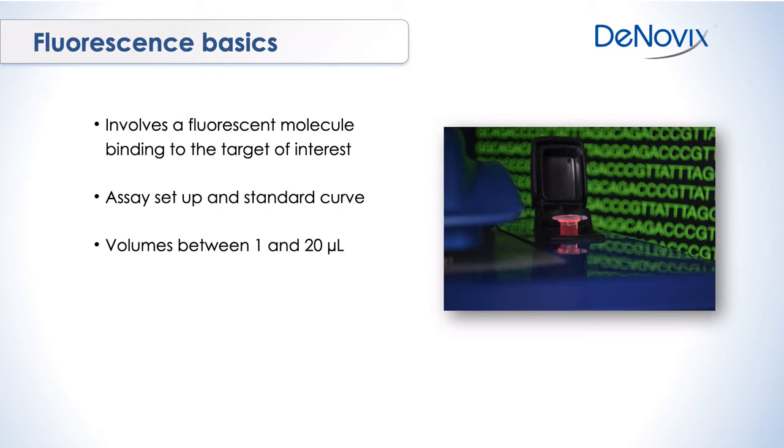In this field with fluorescence quantification, it generally is between 1 and 20 microliters of sample, and usually around 200 microliters total assay volume. And that assay takes place in either thin-walled PCR tubes like the one you can see in the picture here, or in microtiter plates if you're using a plate reader for higher throughput measurements.